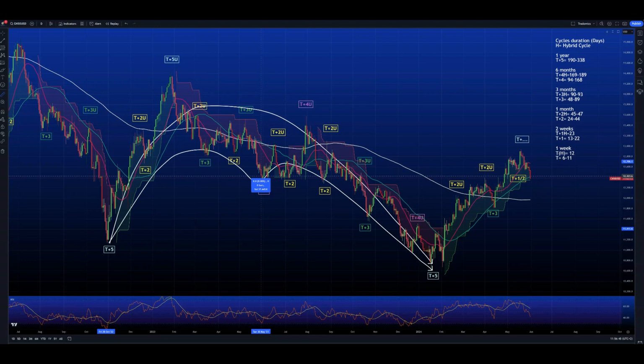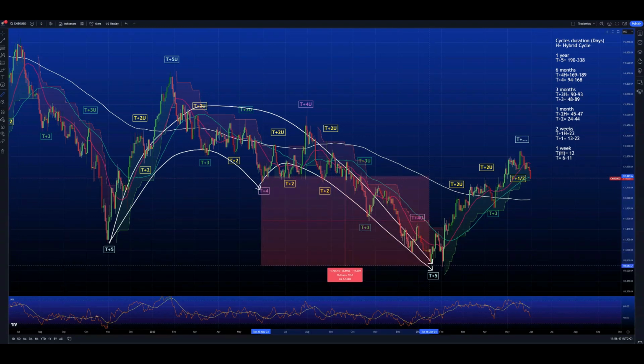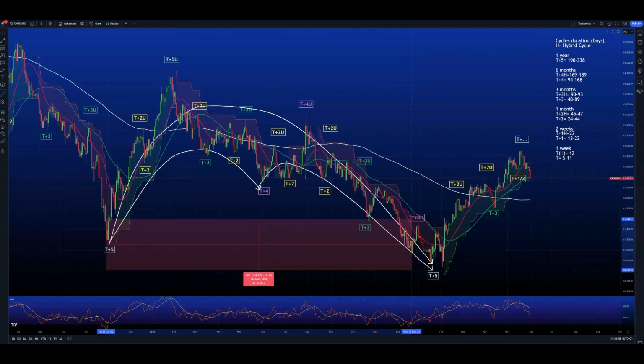And the second T plus 4 has had a total duration of 163 days. The total duration of this yearly downward cycle has been 315 days, so according to mostly the maximum duration of a T plus 5.